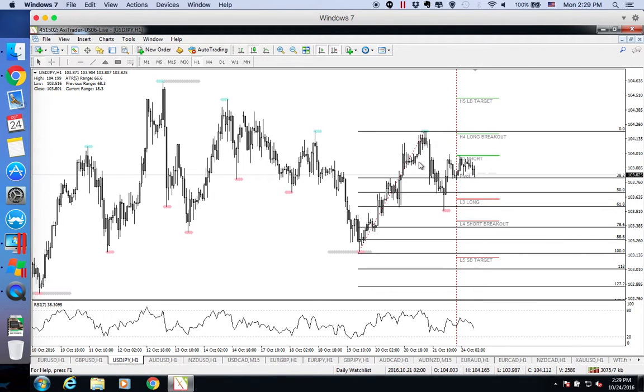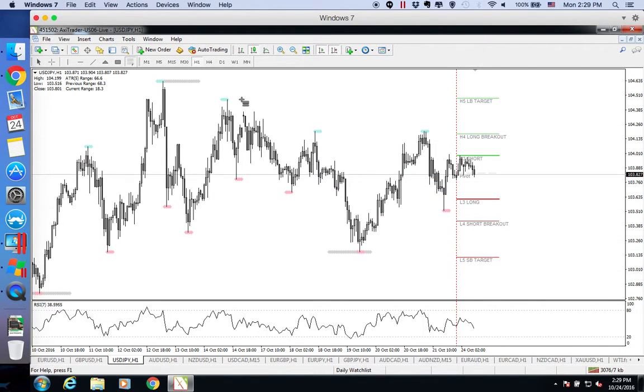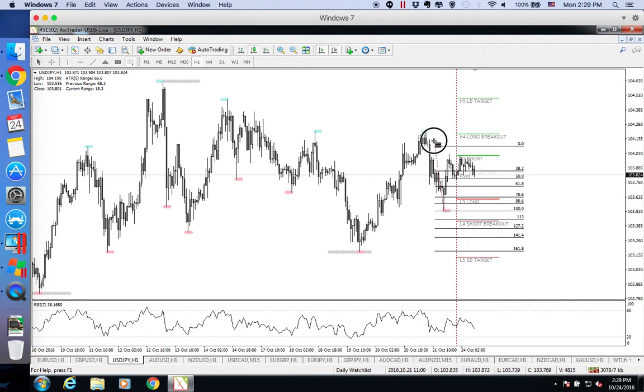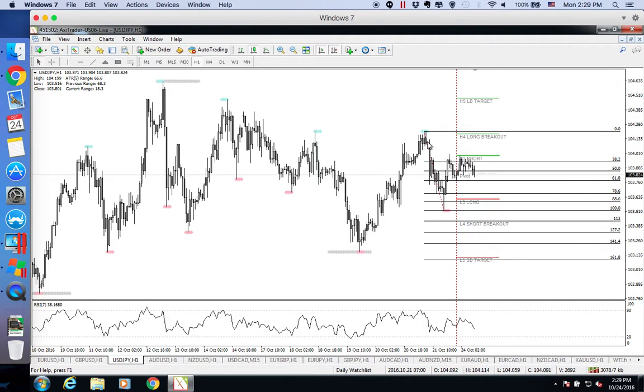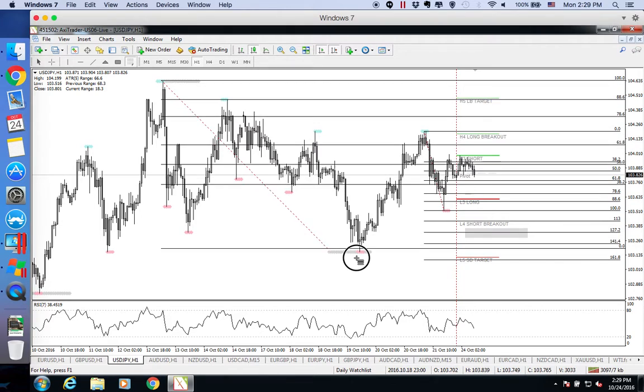Alright, basically it's currently in a range environment, so we are adopting the advanced price action strategy, the advanced price pattern strategy. The first level to look out for a buy setup, right, is at the 127 extension at 103.30. Right, if price comes back down towards this area, we'll be looking for a buy opportunity. Right, the other one is actually at the top, alright, for a sell opportunity.